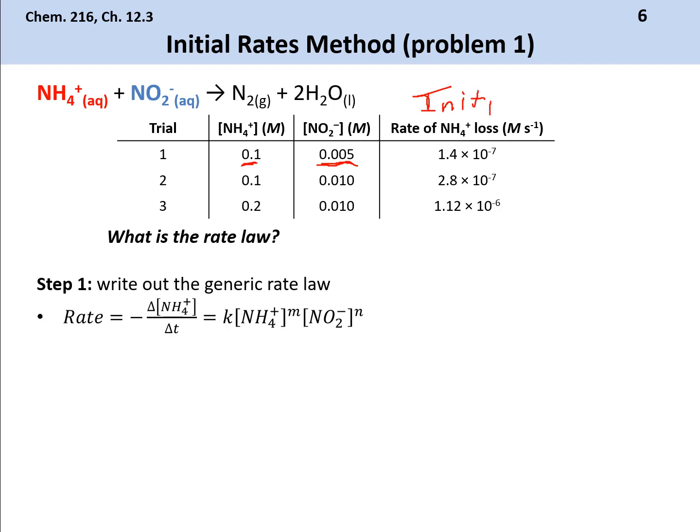Notice that my concentrations are in molarity. My rate is in molarity per second because rates are always in molarity per second. The second time I changed my concentration, got a different rate. Third time I changed the concentration for NH4+, got a different rate.